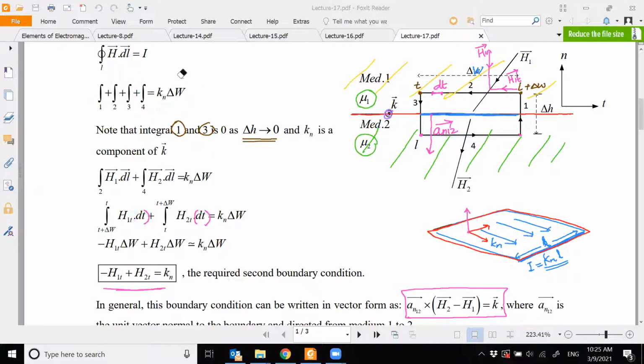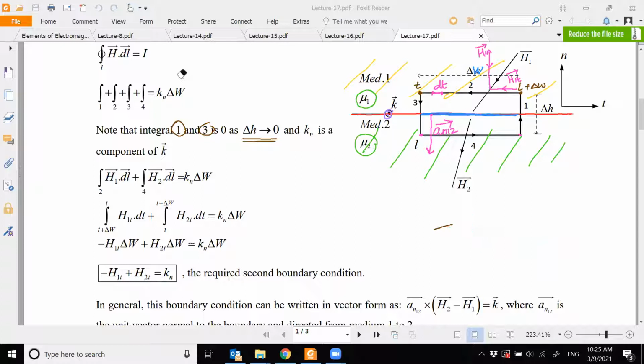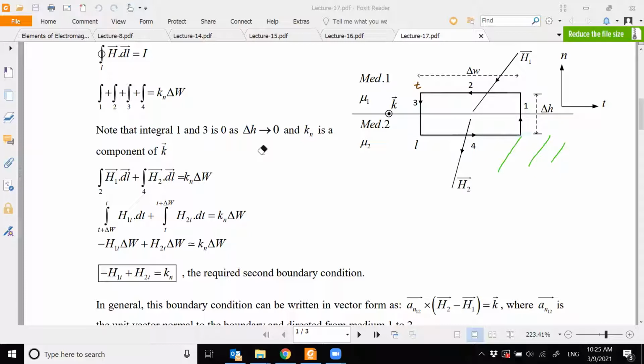So in summary, we have two boundary conditions for magnetostatics. First is H2 tangential minus H1 tangential is equal to Kn. And the second boundary condition is B1 normal is equal to B2 normal.